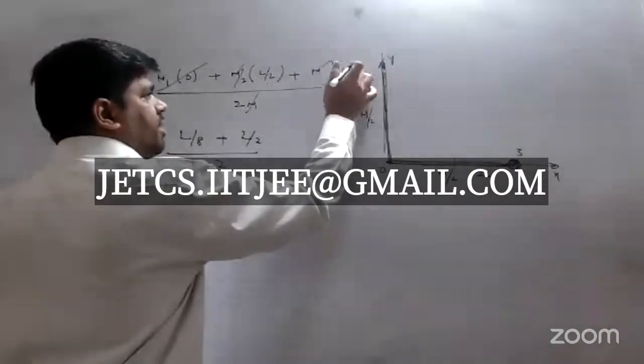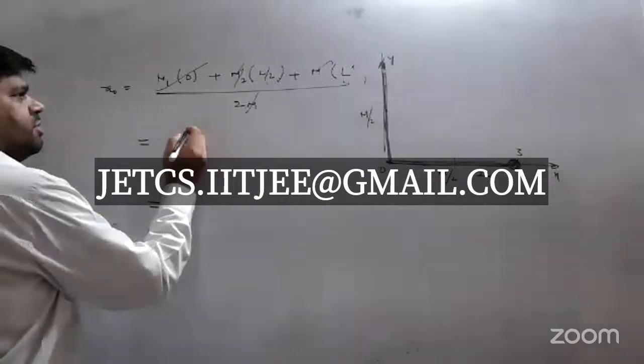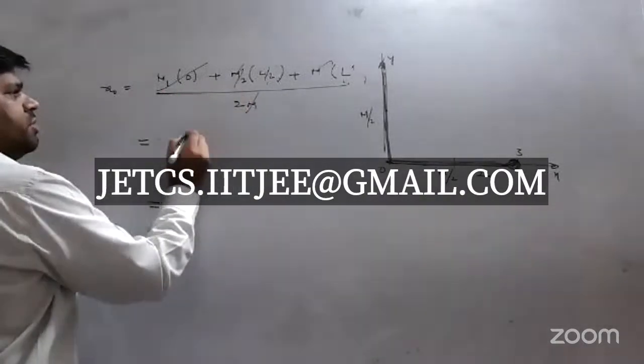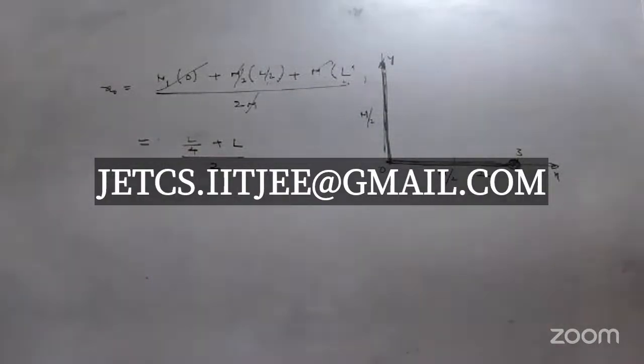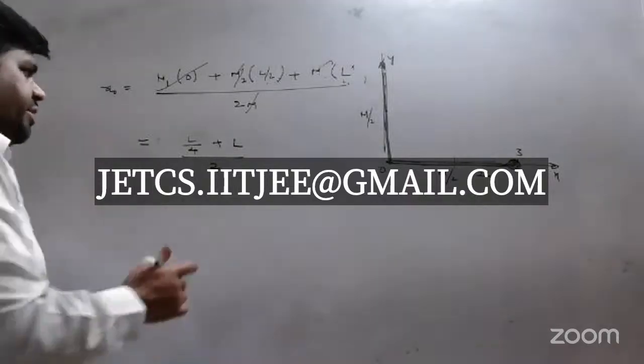This is L, so this will be L. So m by 2 times L by 4 plus L by 2. So 5L by 8. Okay, yeah, that's right.